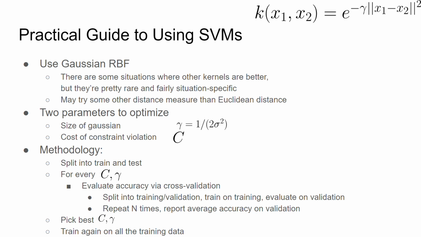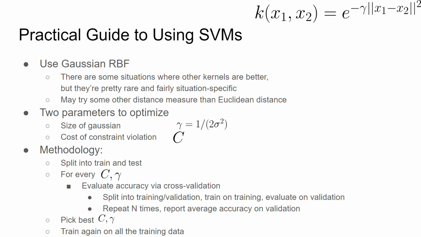Maybe you want to choose some sort of distance measure rather than Euclidean distance. Sometimes, in very high dimensional spaces, people will use just the L1 norm. So instead of squaring things, you just take the absolute value and add it all up. So that's a possibility.